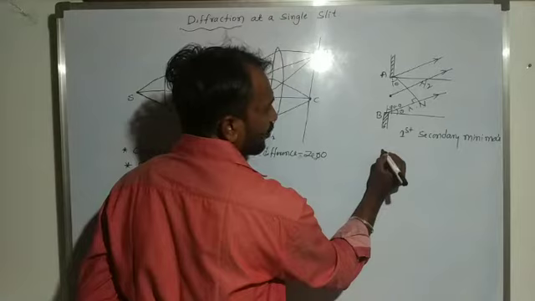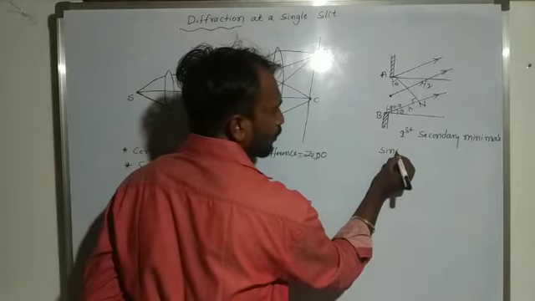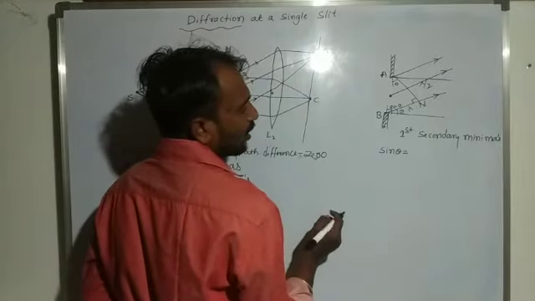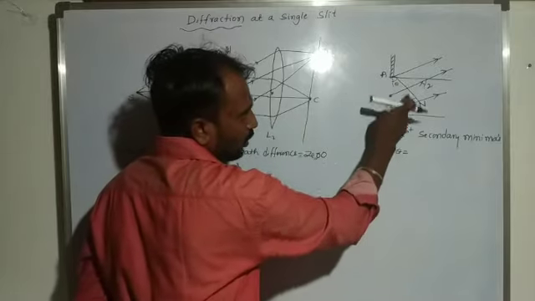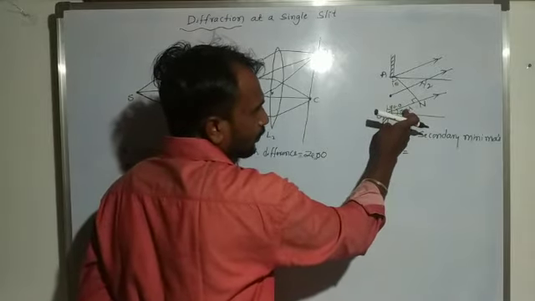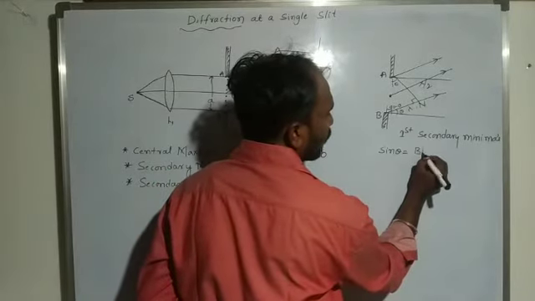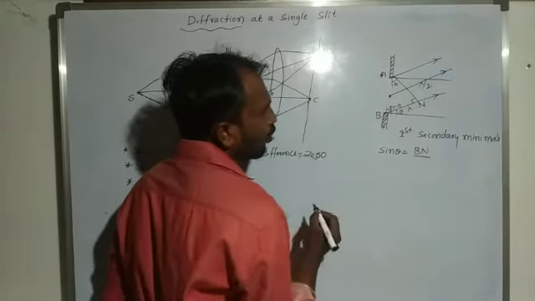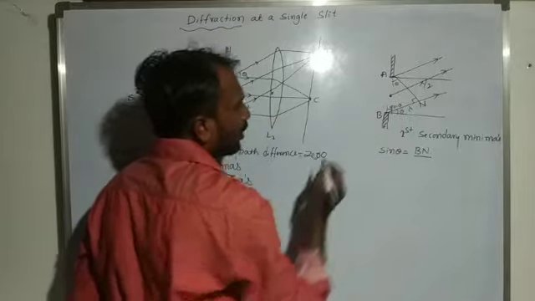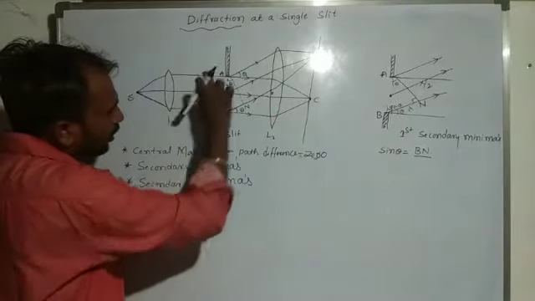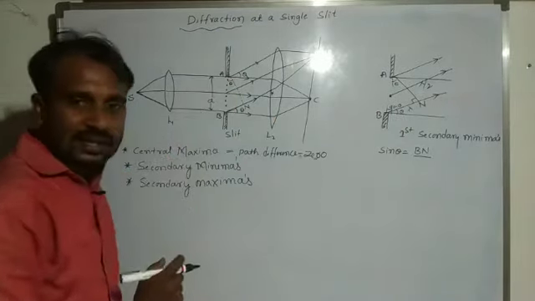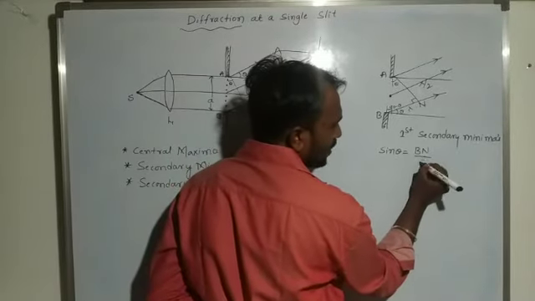So sine theta is opposite by hypotenuse: opposite is BN and hypotenuse is AB. AB is the width of the slit, which we call A.